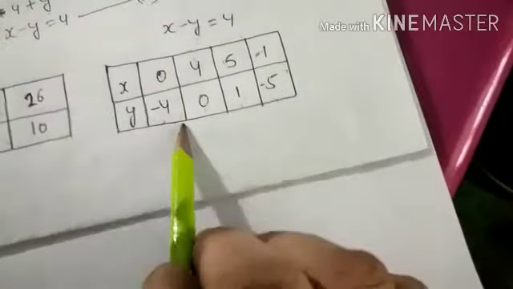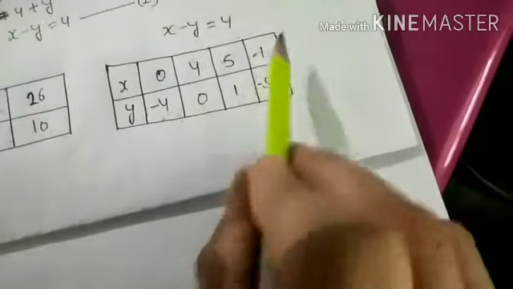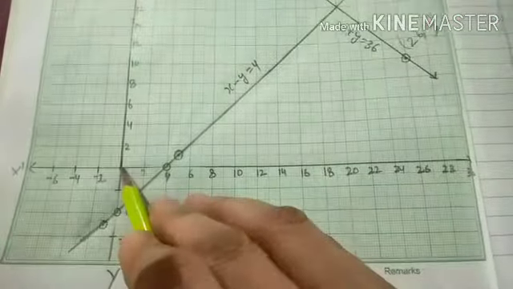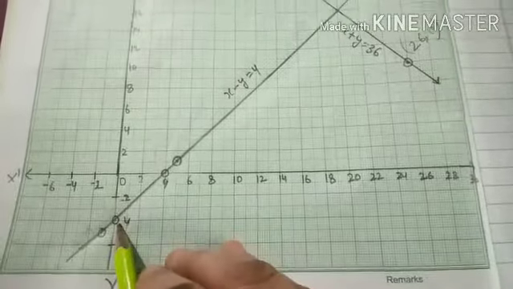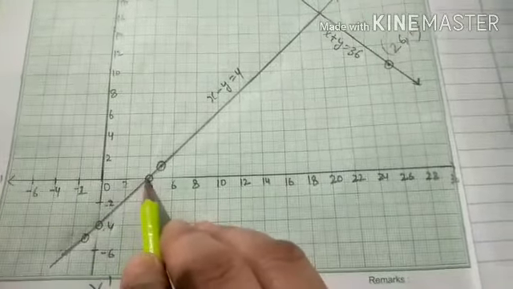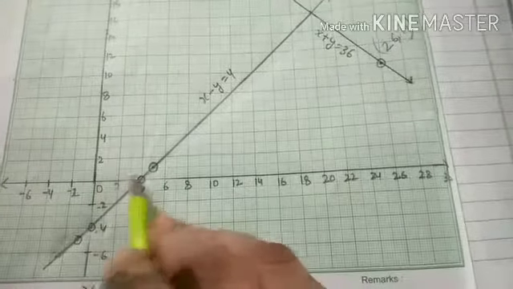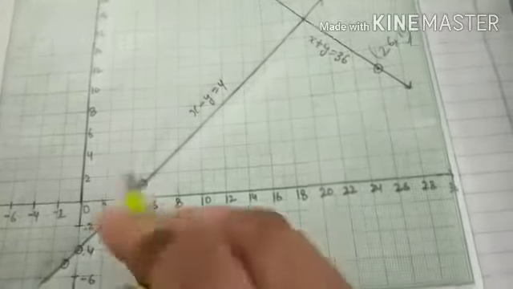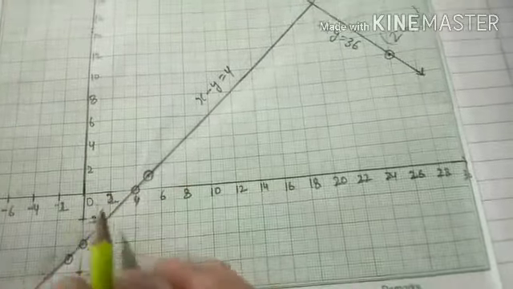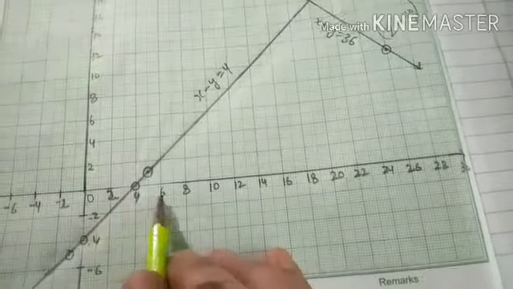Again we have the other table here: 0, -4; 4, 0; 5, 1; -1, 5. We will plot all these values on this graph. 0, -4 we have. Then after that 4, 0. After that 5, 1. One more thing in this table, that we are using a difference of 2 between two numbers: 0, 2, 4, 6, 8.